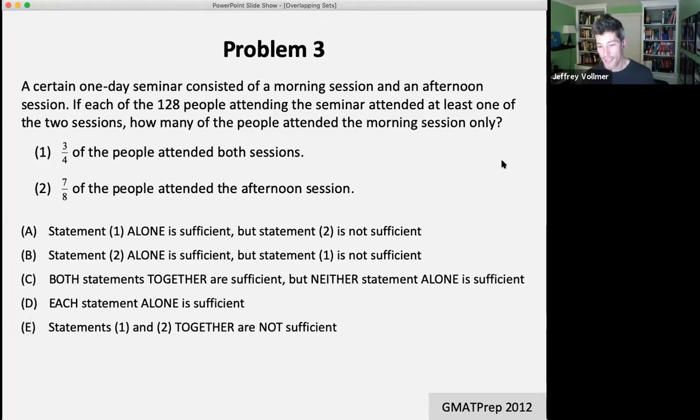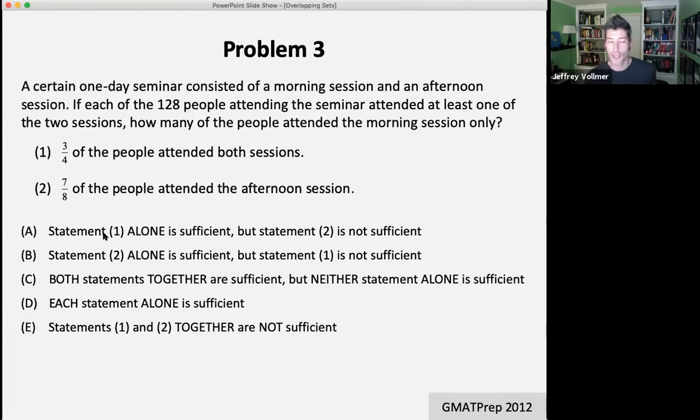So on data sufficiency, you've got to approach these a little bit differently because we have to handle the information in rounds, right? Remember, there's a chance that you don't need both of these pieces of information to solve, and we have to approach this in a pretty organized fashion.